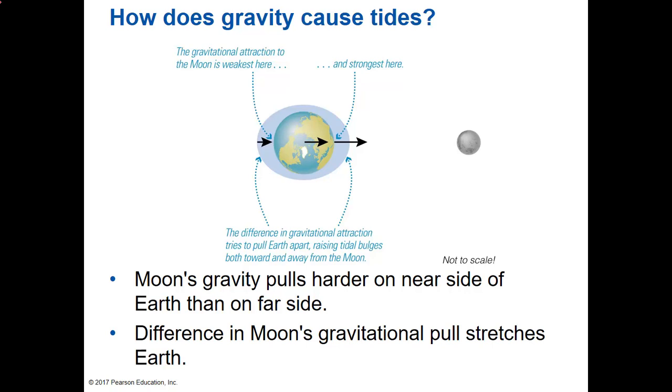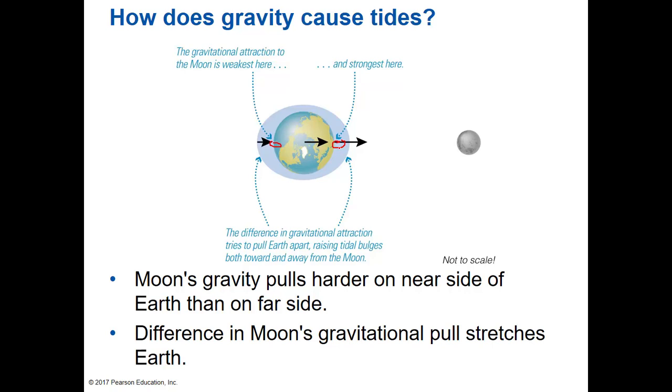It's different because the strength of gravity decreases with distance. The gravitational attraction of each part of the Earth to the Moon becomes weaker as you go from the side of the Earth facing the Moon to the side facing away from the Moon. If I am at this location on the Earth's surface, and if I'm here, the force of gravitation at this point and this point is different.